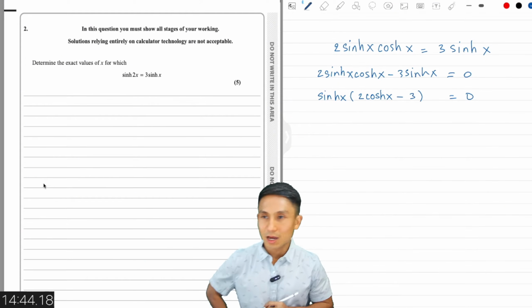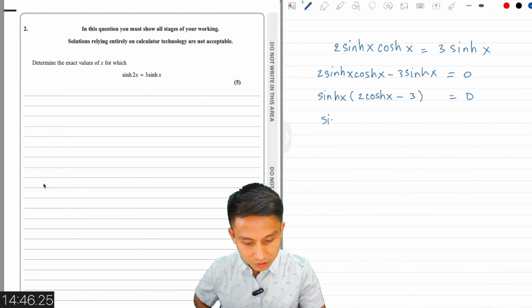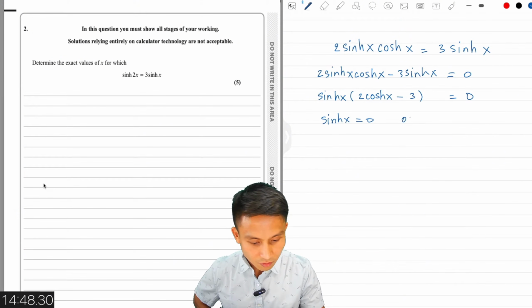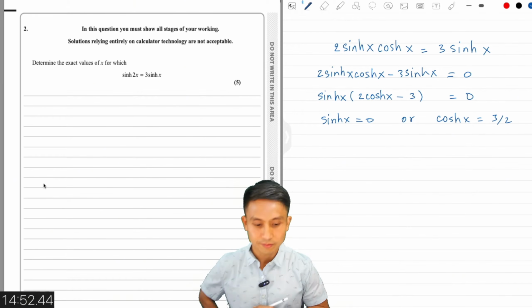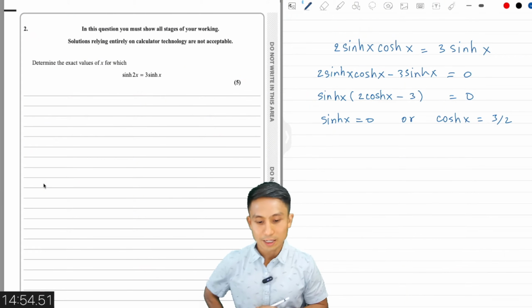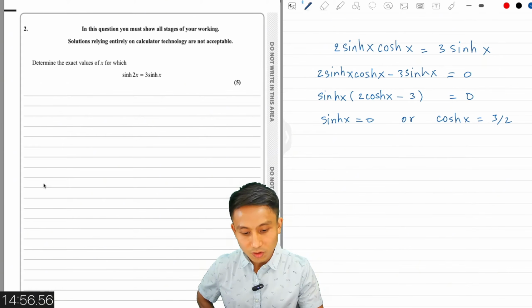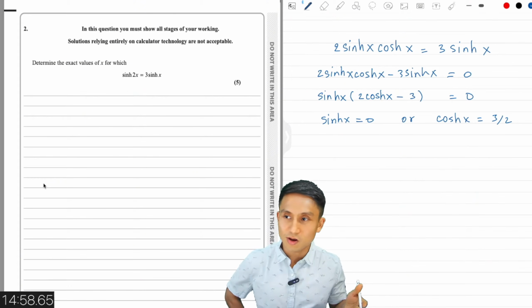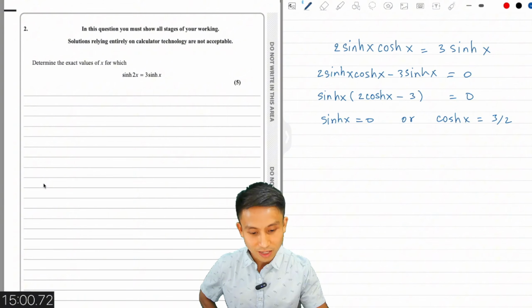Yeah? And now you would see that you have sinh x equals 0, or cosh x equals 3 over 2, right? Okay? So to find the answer, we do arc sinh and arc cosh. And there is a formula for that in the formula sheet.